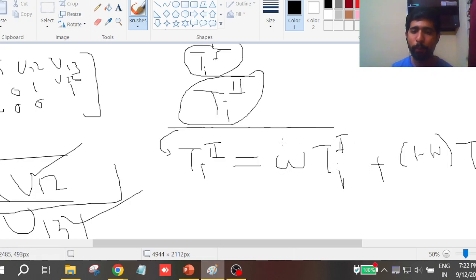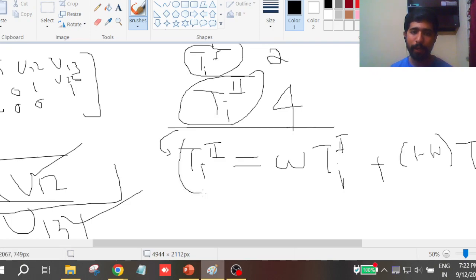So if I put the W value to be 1, what will happen? Ti at 2 will become Ti at 2 only. That is nothing. But when I keep the value below 1, say for example 0.7, what it will do is, say I have this value as 4, and I have this value as 2.